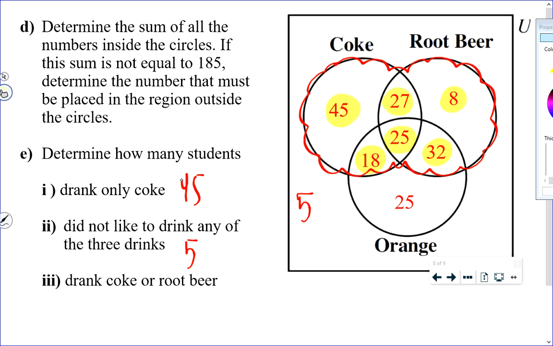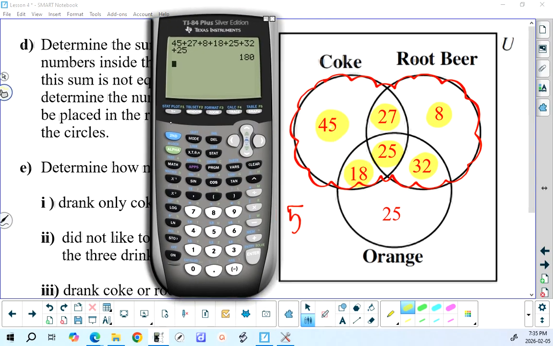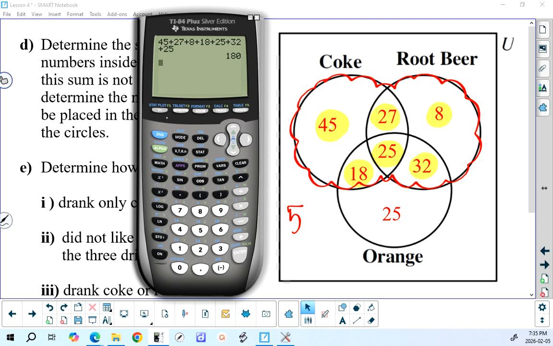Take a minute and add those up. I'm going to add them as well. I want to say it's 155, but I guess since I'm recording this, I better be sure. We got 45 plus 27 plus 8 plus 18 plus 25 plus 32.